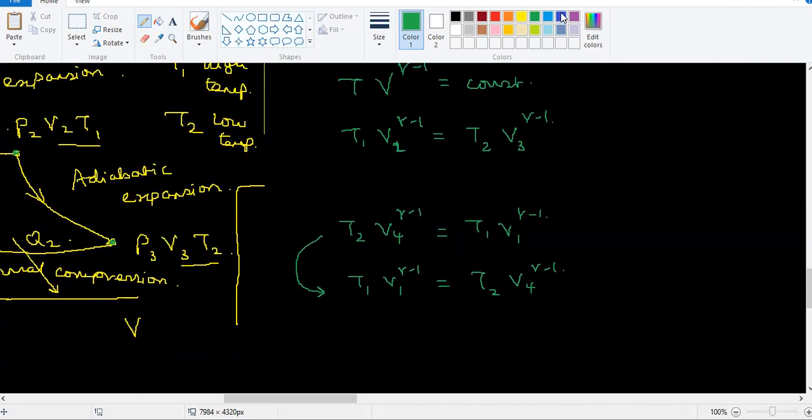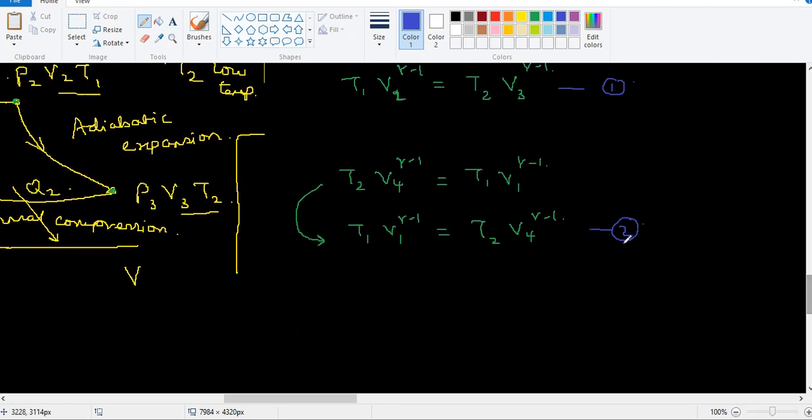This is equation 1. This is equation 2. So if I divide equation 1 by equation 2, T1 and T1 will cancel, T2 and T2 will cancel.